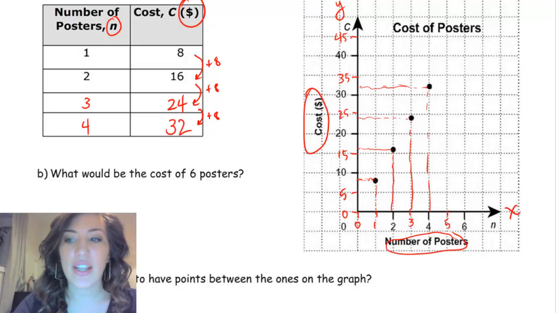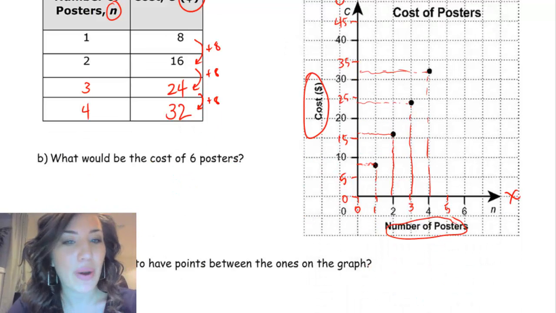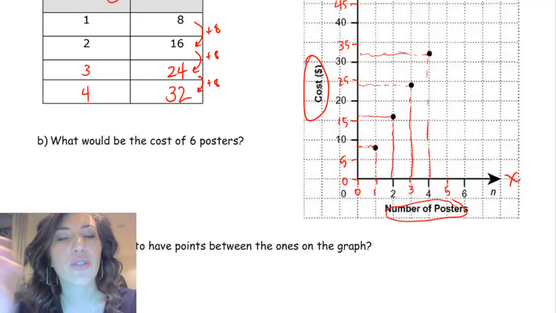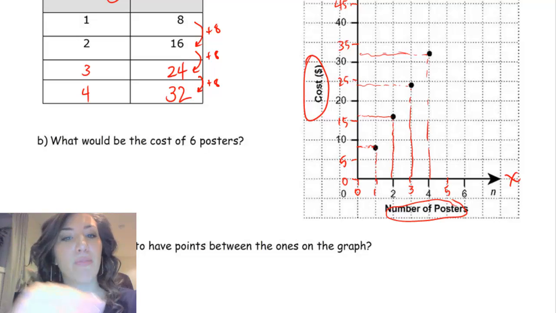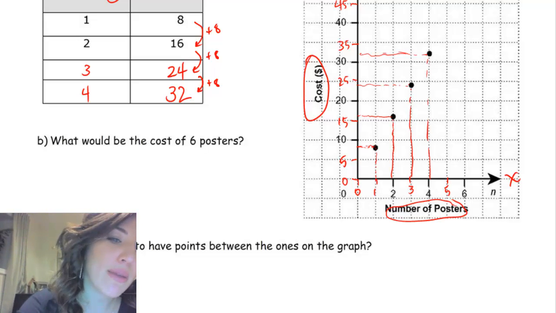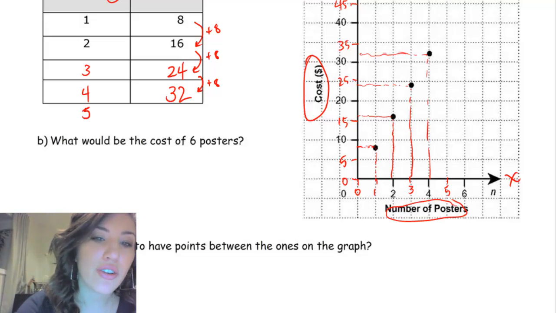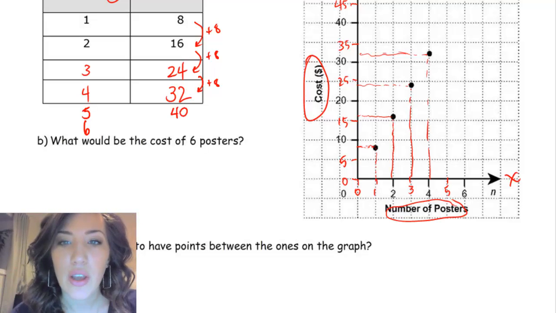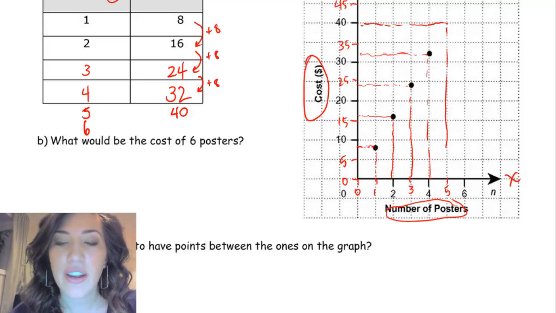So the question then is, fill out the table. Woohoo, we did it. Letter B, what would be the cost of 6 posters? Well, this one only goes up to 4, so we can estimate based on this pattern, because we know that they keep going up by 8, right? So 32 plus 8 would be 40 for 5 posters. So at 5 posters, we're going to go across 40, and this goes down to the 5, so we're going to draw our dot right here.